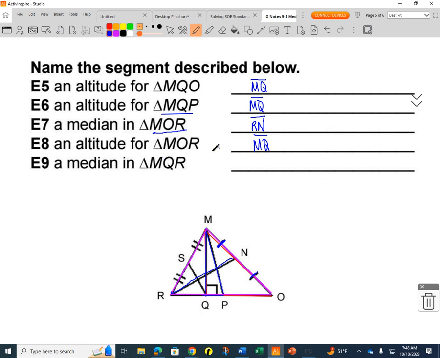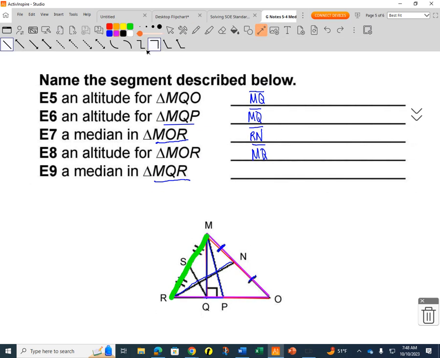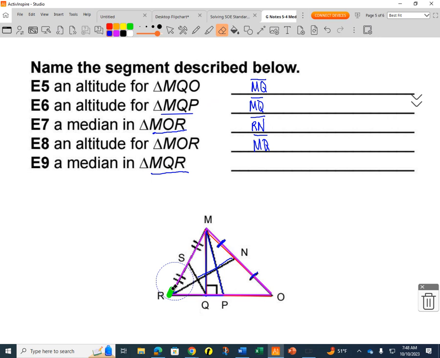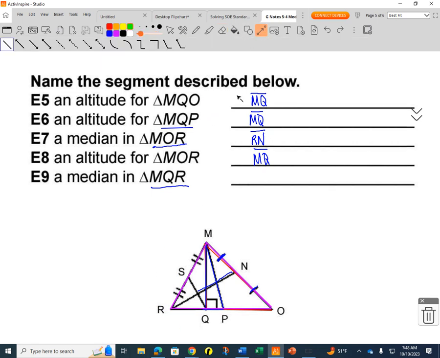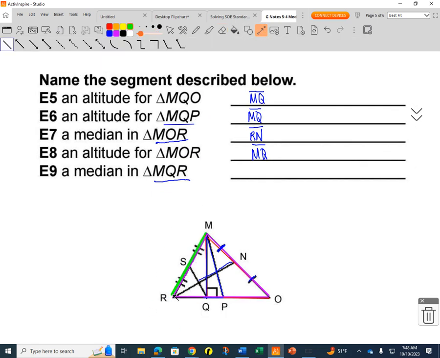We did that one. Now we need a median for MQR. So MQR. Ooh, that's kind of fat. MQR.